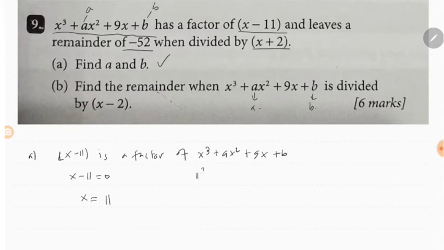So 11 cubed plus a times 11 squared plus 9 times 11 plus b equals 0.